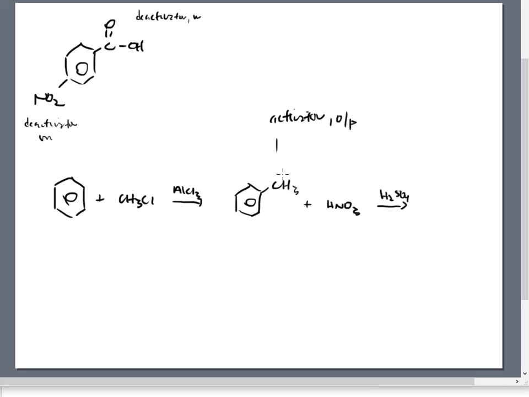If I do, I lose my ortho-para director. I need that director. I need it to go on para. So when I do this, this benzene ring is going to keep the methyl group. The methyl group is a para director, and that para director will slap on the NO2 group where it needs to go. Okay, that's good, but my job is not yet done. I've taken advantage of the methyl's director.